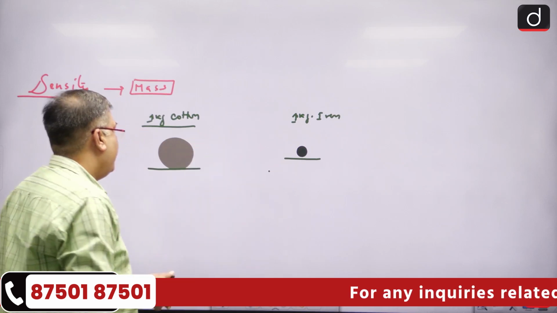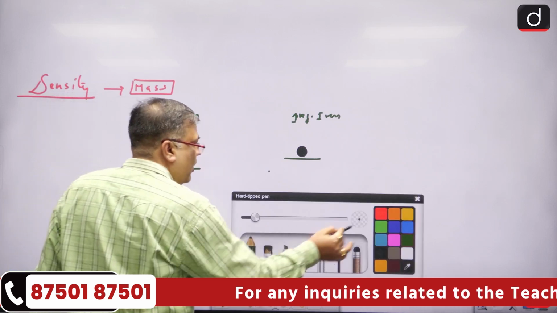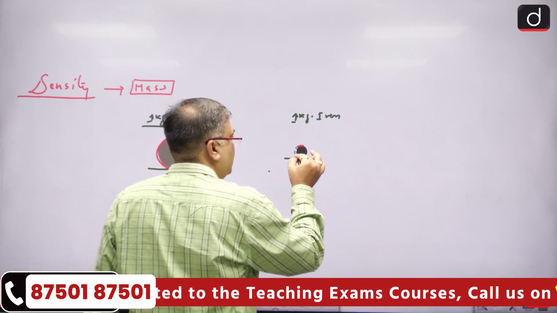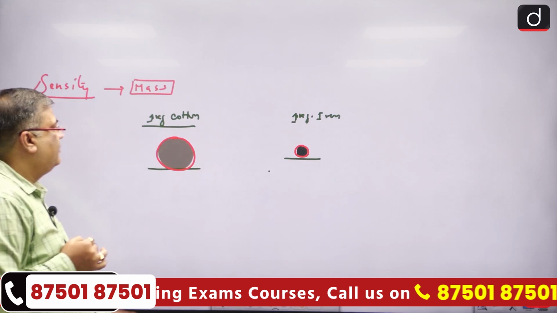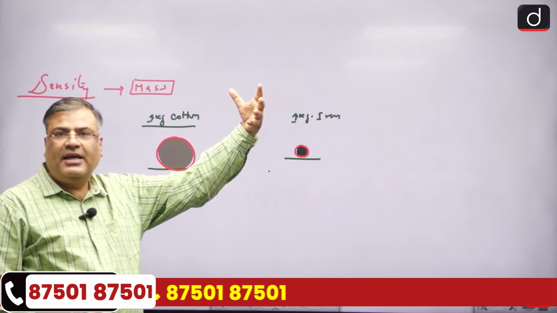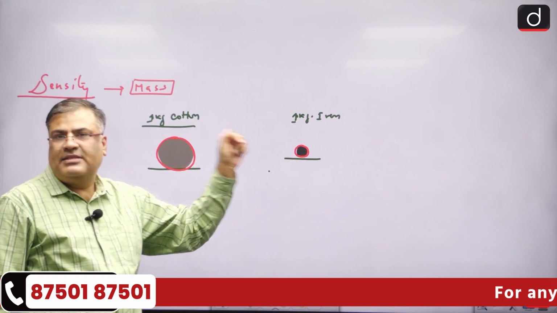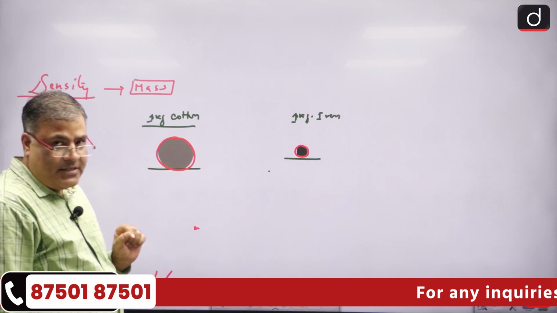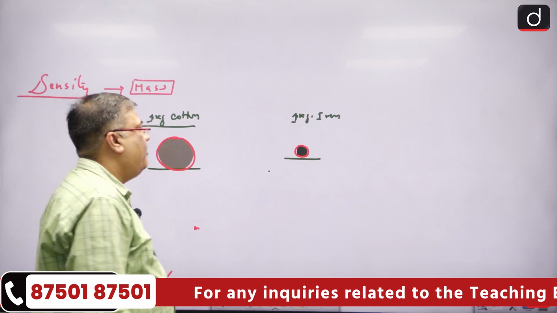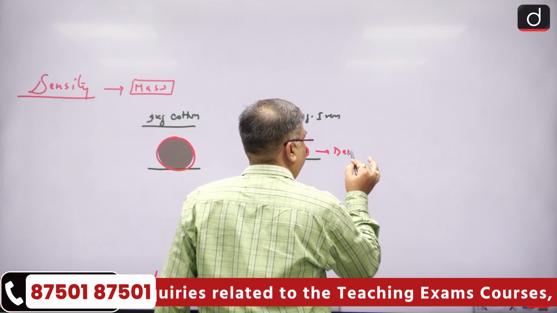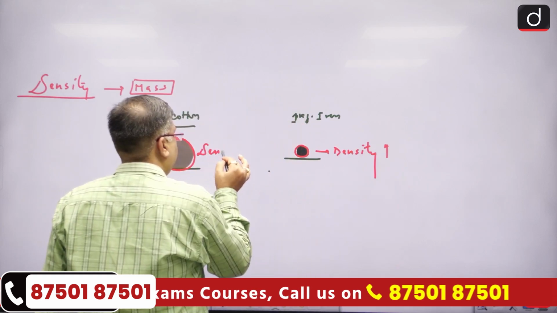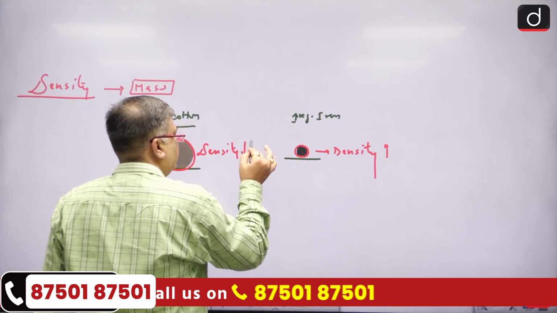True. But here you can see the cotton has such a large volume and the iron has less volume. Cotton is bulky, it will cover more area on the surface as well as in the air, and iron is less bulky, it will cover less area. It means iron's density is high and cotton's density is less.